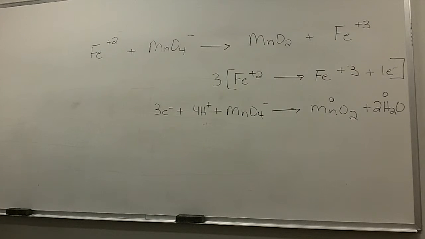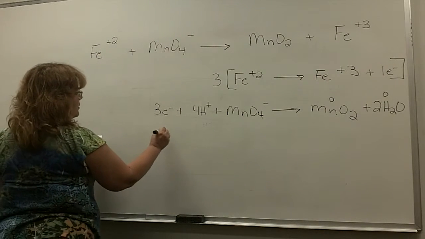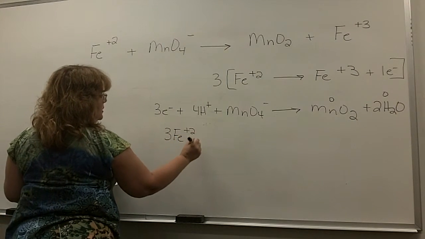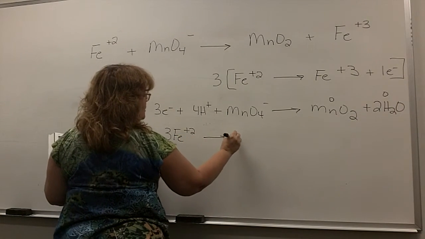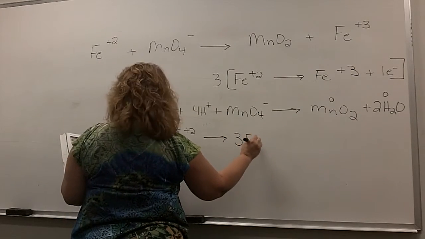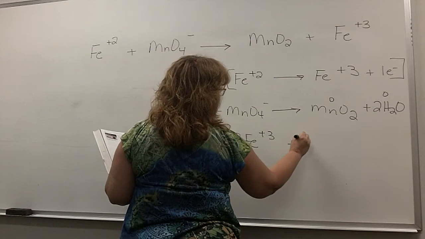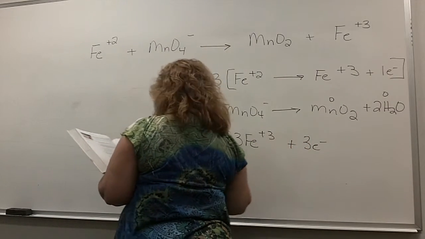So now I've got 3 Fe2+ yields 3 Fe3+ plus 3 electrons.